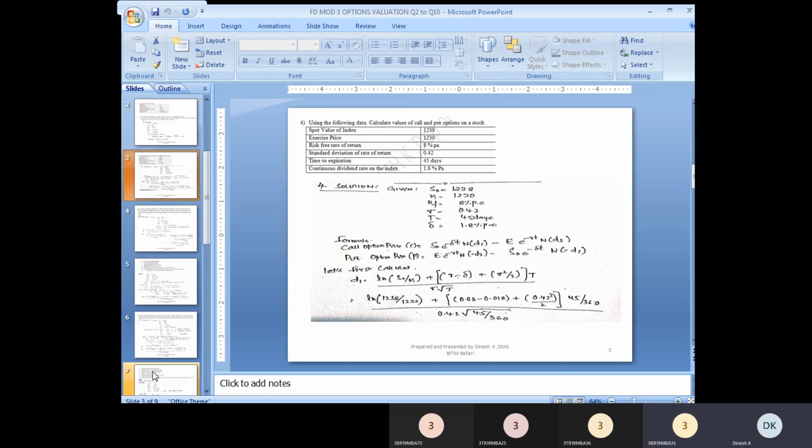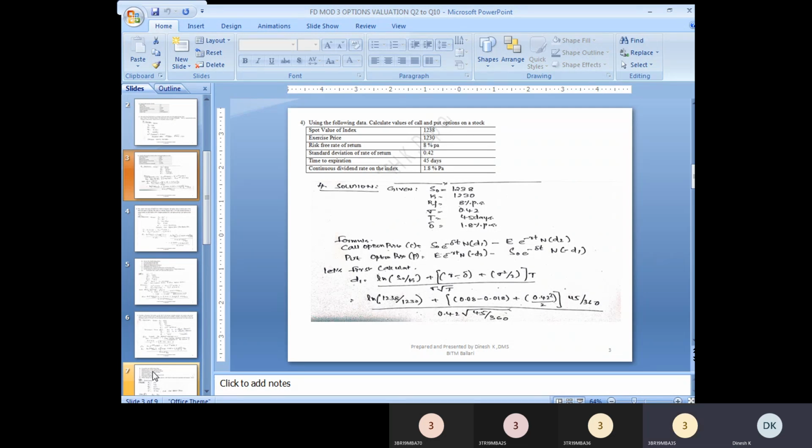I'll open the table value here. 45 divided by 360, how much is it? 0.125, sir. Multiplied by 0.018. 0.00225, sir. So when you are getting 0.00, you have to take the nearest value, that is 0.01.